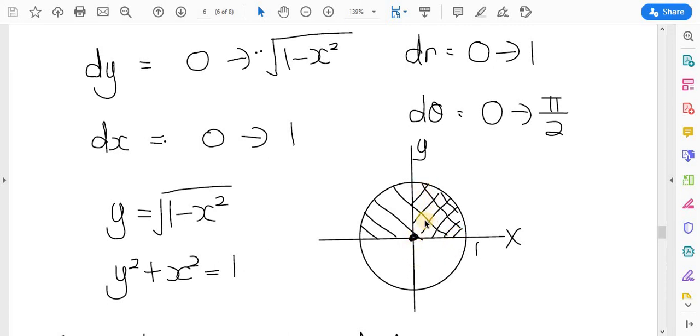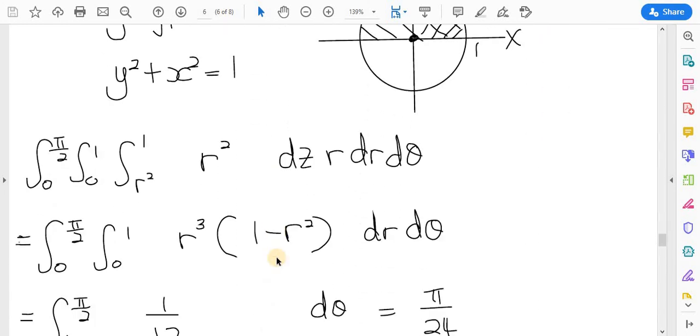Again, this section is what you need to define in your triple integral intervals. This section has the radius 1, always 1. So it will be from 0 up to 1. And for the theta, again it is the same, 0 up to 90 degrees.